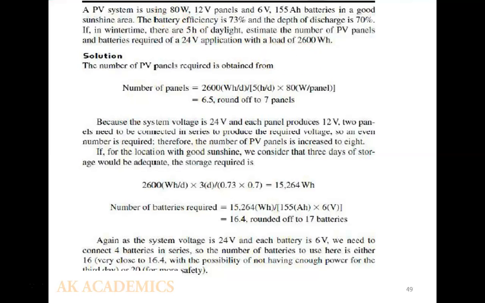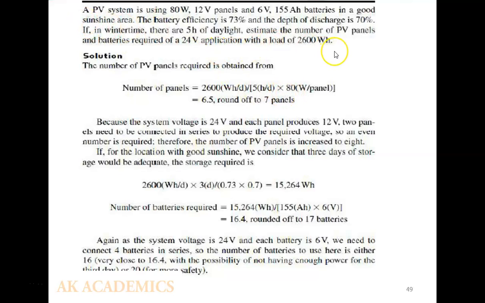So if the PV system is using 80 watts and it is going to operate for 5 hours in one day, that's 5 hours per day multiplied by 80 watts per panel. That will give us 400 watt hours per day per panel. Each module or panel can supply 80 times 5. This is very important. That is 400 watt hours.